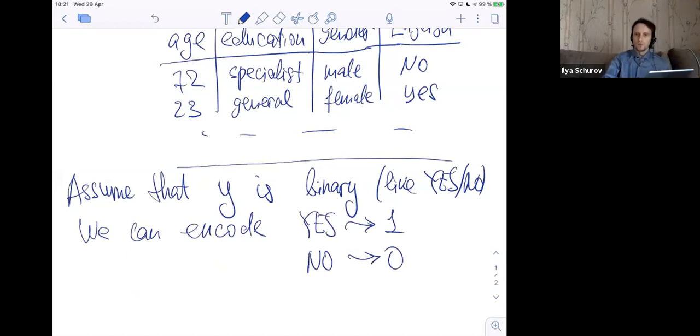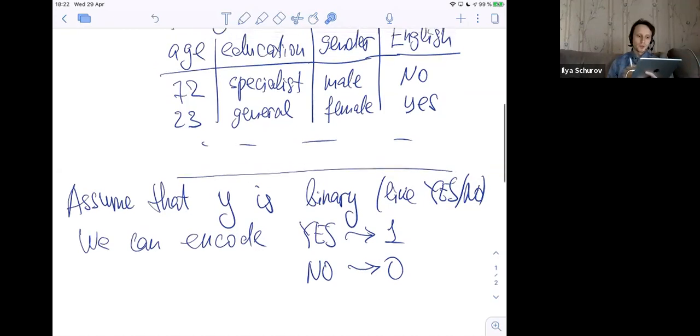Now, basically, instead of categorical variable, we have something that can be interpreted as a number at least. Well, if we have a categorical variable with more than 2 levels, yes, you can encode it as 0, 1, 2, 3, and so on.